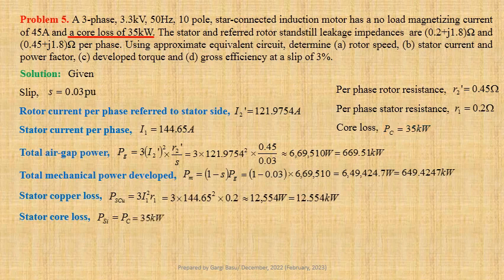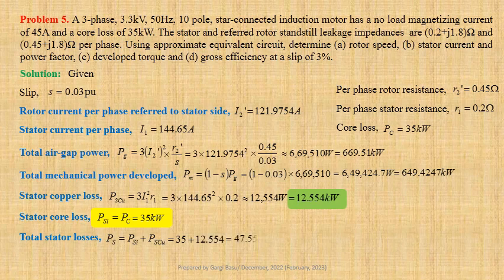Now we shall calculate total stator losses. P_S equals P_SI plus P_S copper. Using values we get 35 plus 12.554, that is equal to 47.554 kilowatt.